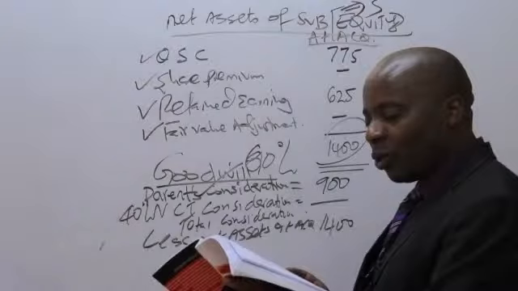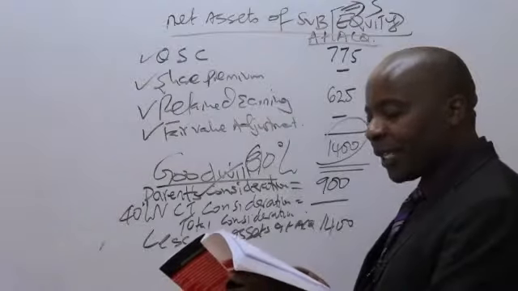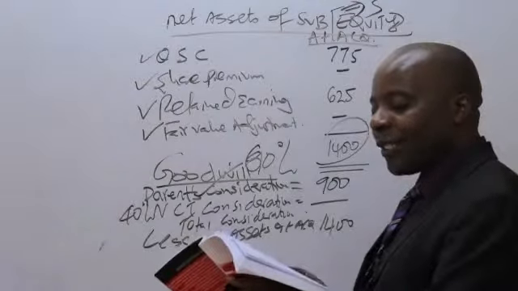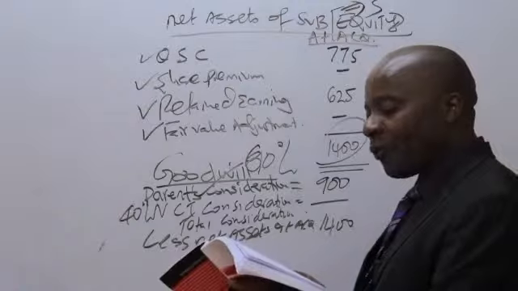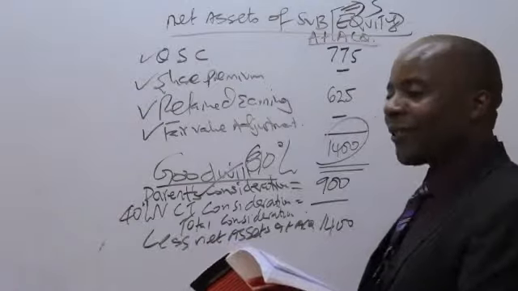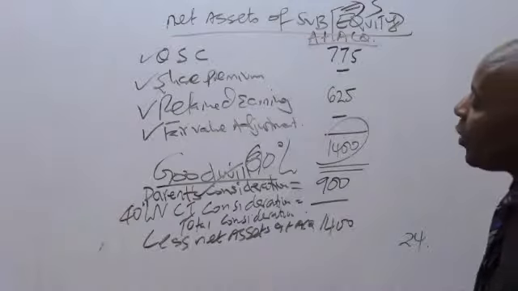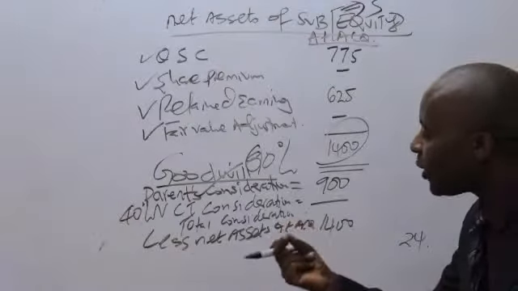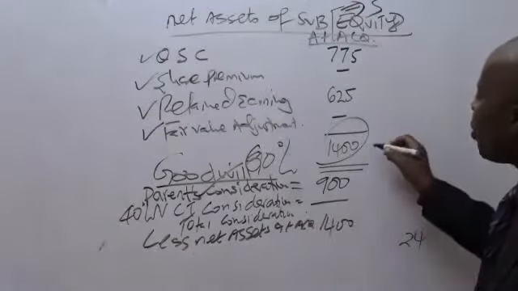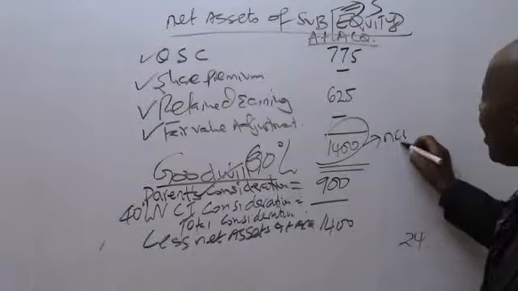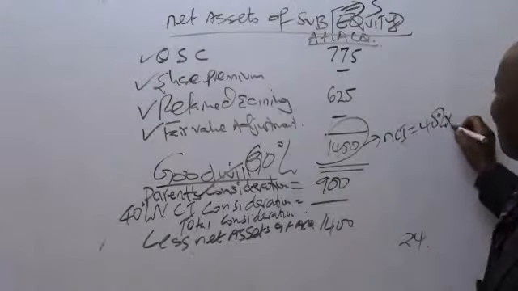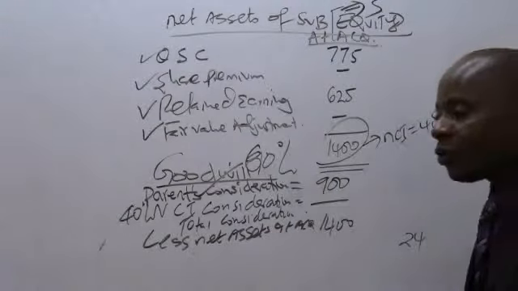Is there anybody who is able to see that anywhere? Yes, still in note number 1, it was decided to apply the proportion of net assets method to calculate goodwill. So it means that for the NCI we are getting their proportion of net assets. And their proportion of net assets here will be 40% of 1,400.